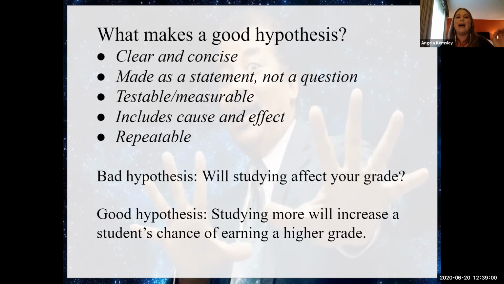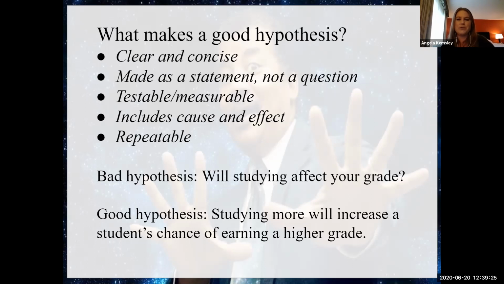So let's take a look. An example of a bad hypothesis would be, will studying affect your grade? Right? Why is this a bad hypothesis? Now, it is fairly clear and concise. I know that you want to look at studying in your grade, but it's not made as a statement. This is a question. And it is testable, but we're not really sure what we would be testing for.